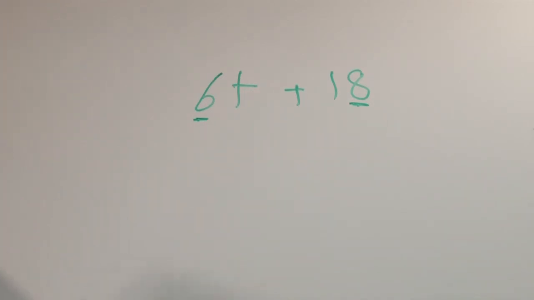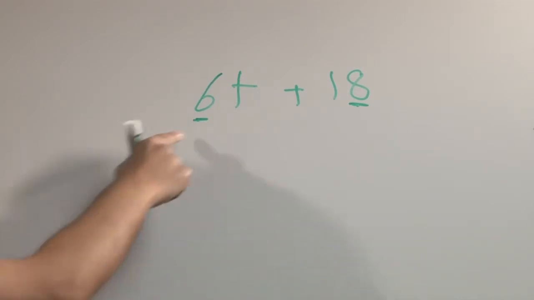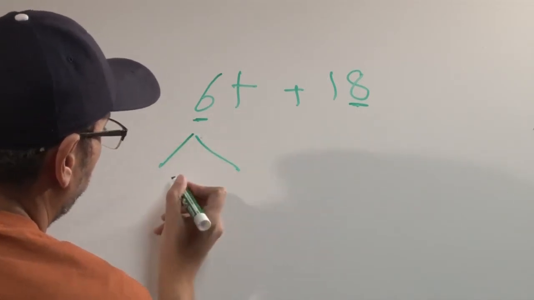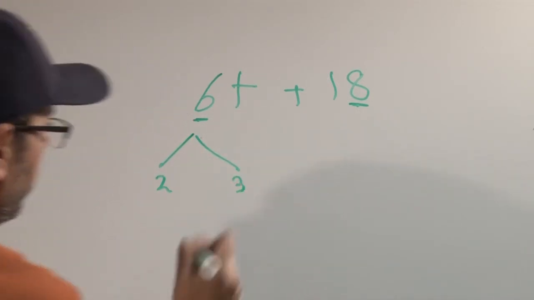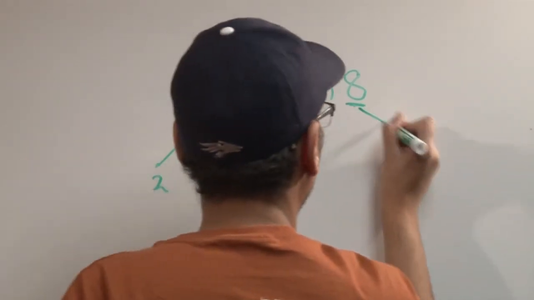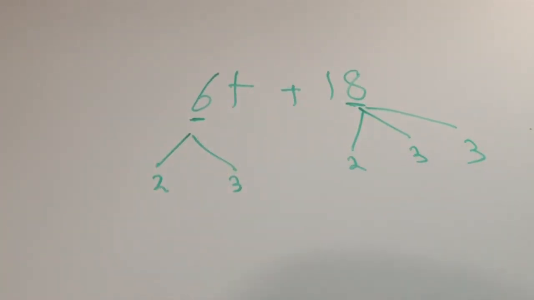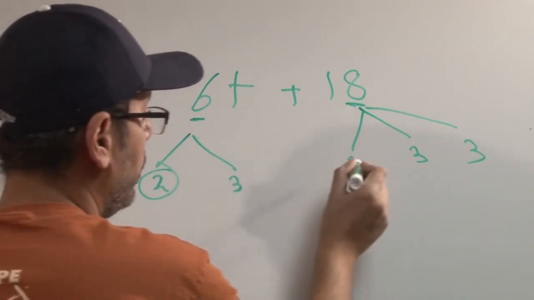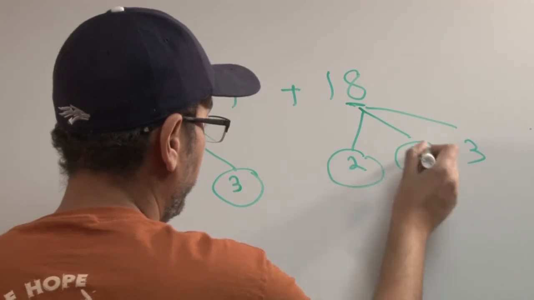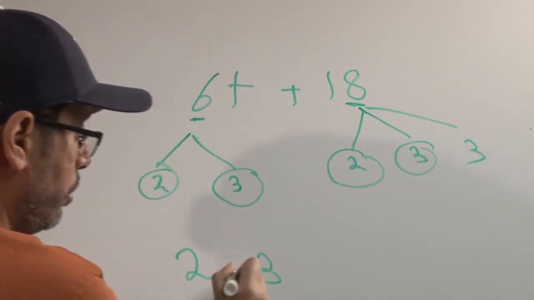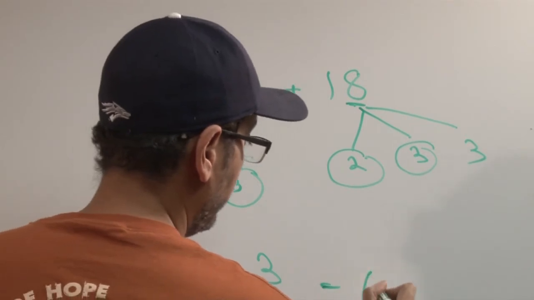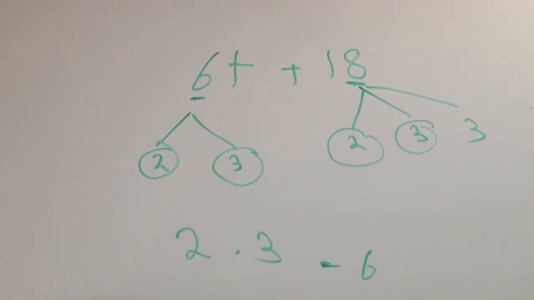What does the first step say? Write each number as a product of prime numbers. 6 is 2 and 3. How about 18? 2, 3, 3. What are the common prime factors here? 2 and 2, 3 and 3. So 2 and 3. What is the product? 6.